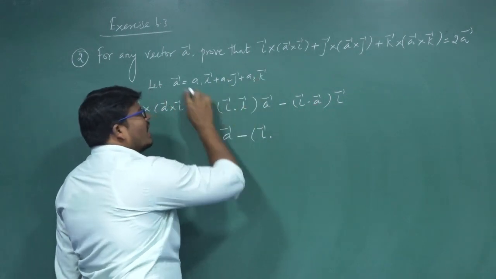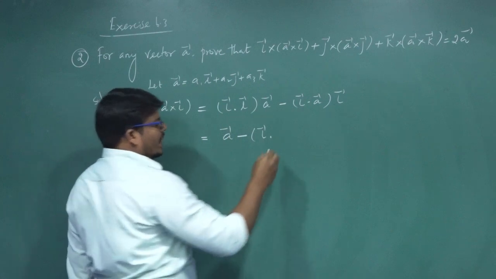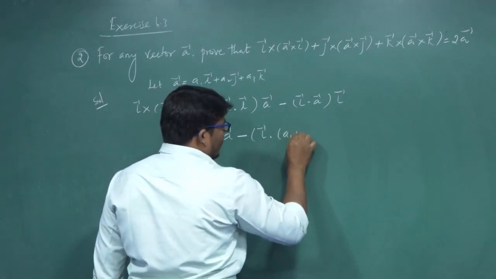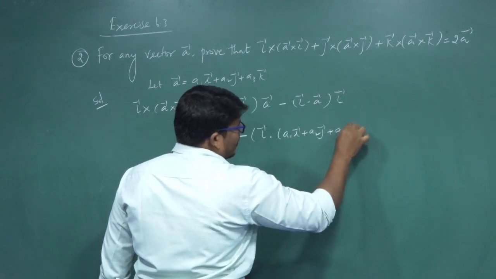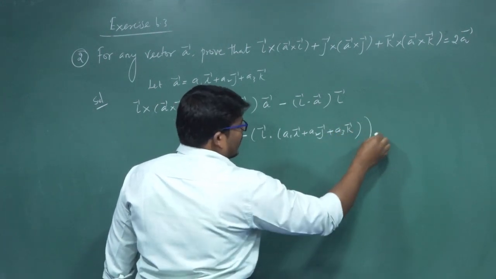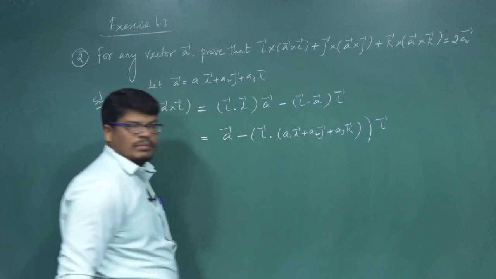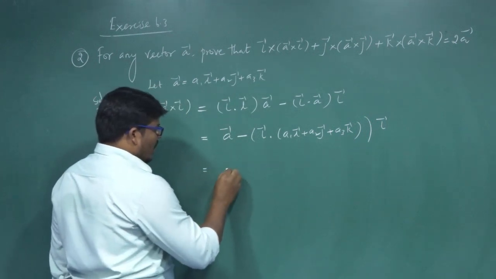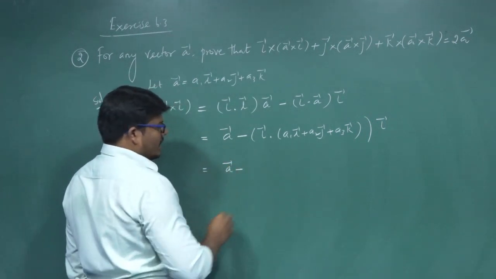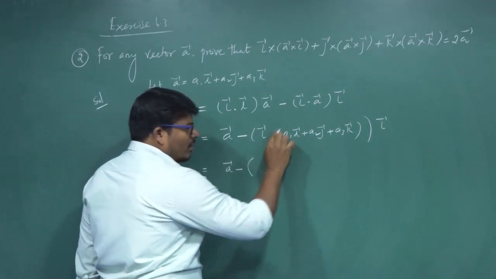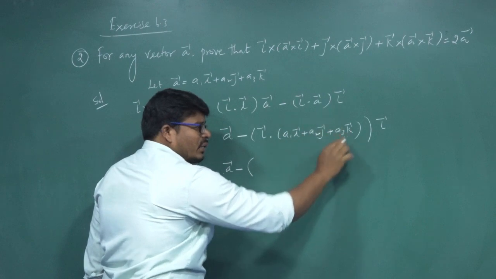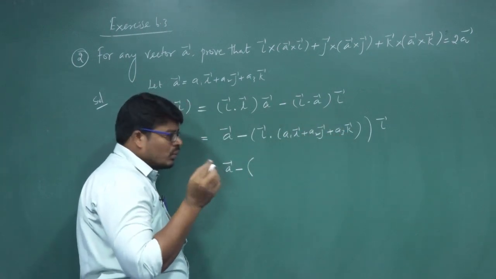Here A vector is A1 i plus A2 j plus A3 k, so it equals A vector minus i vector dot A1 i plus A2 j plus A3 k.